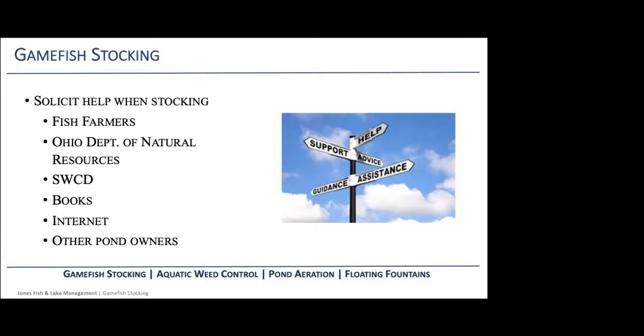That can lead you down the wrong path. A lot of information can be very location specific. If you're looking at an article for stocking a pond in Texas, that's going to be significantly different than stocking a pond in central Indiana, in terms of species that are available, growth rates, all that sort of stuff. But the more information you can gather, the more it will at least point you in the right direction.